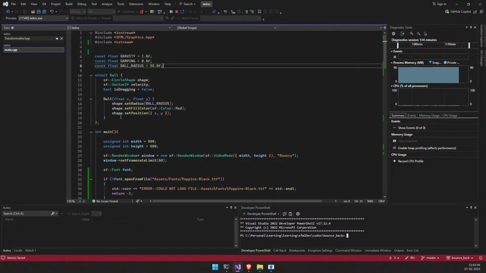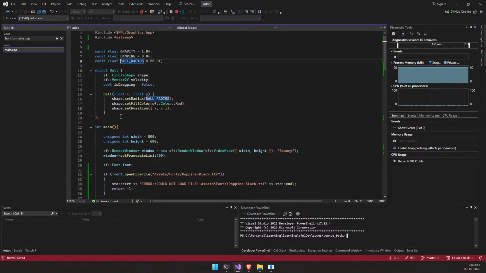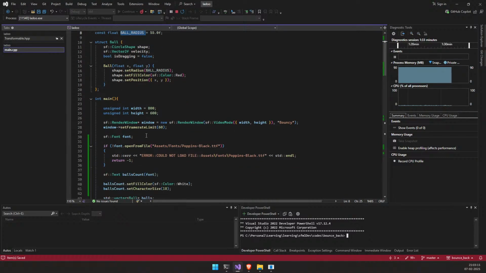I have global constant variables like gravity, how fast it will go down to the bottom line. Then damping is how much energy it will lose after one bounce from the bottom. Then ball radius. Then this is the window, and I'm using SFML 3.